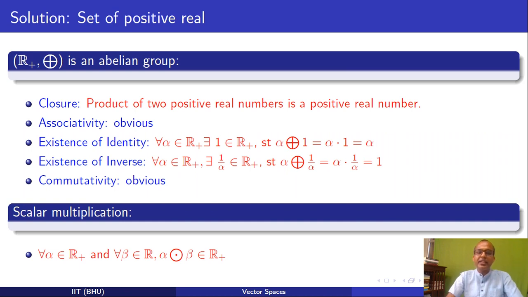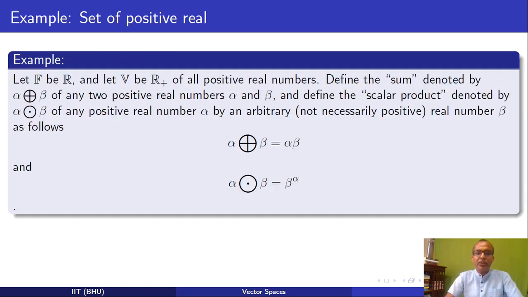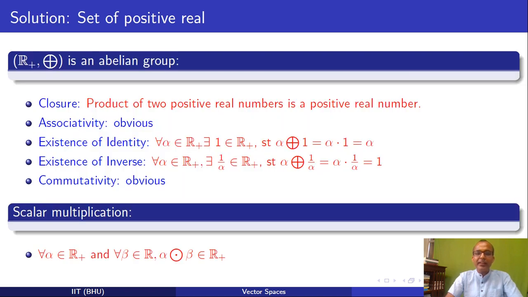You can see that associativity is obvious here, because either you multiply alpha, add alpha plus beta, then alpha beta, and that is just multiplication of two real numbers, so I can write beta into alpha. So all properties will be satisfied. After that, you can see the existence of the identity element. One is the identity, I have proved that, and the existence of inverse is also obvious, and commutativity is also obvious.